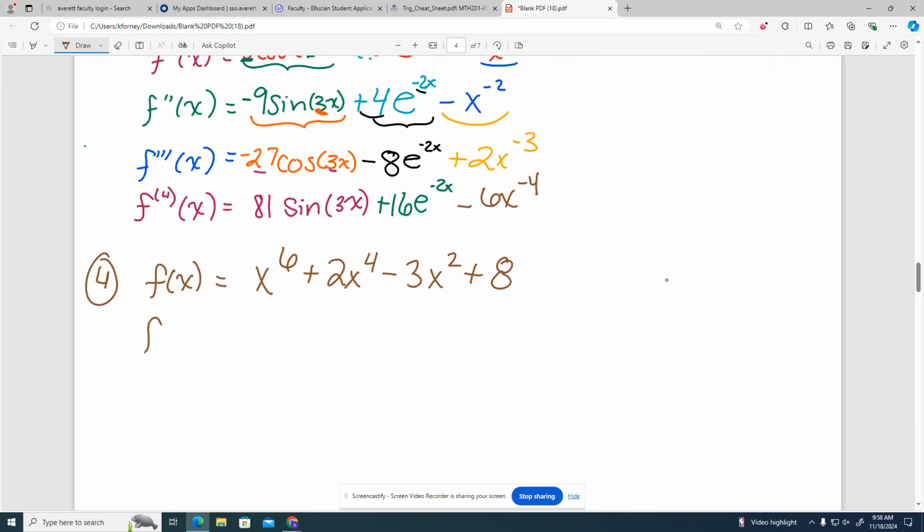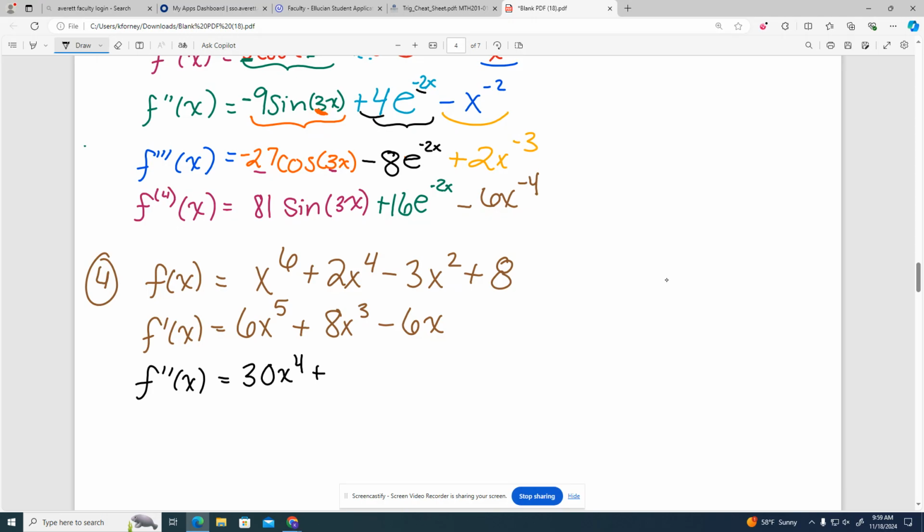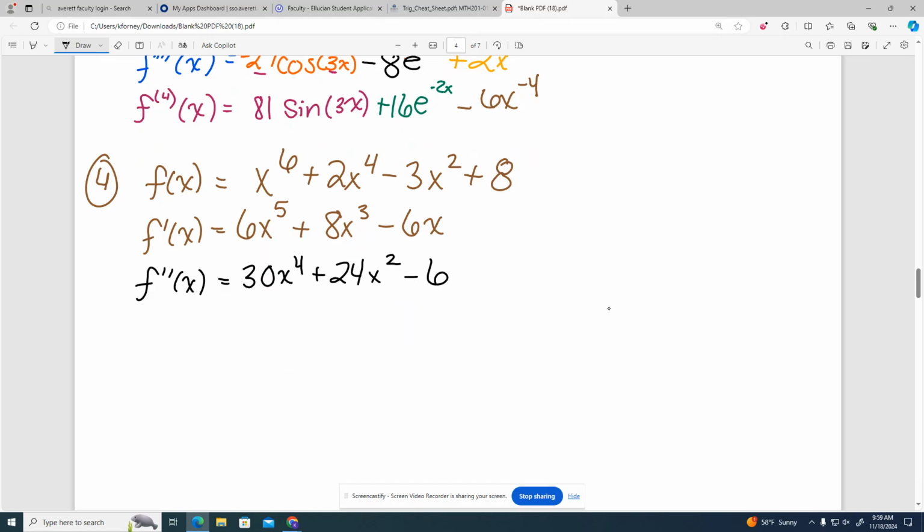So, the first derivative, that would become 6x to the 5th plus 8x cubed minus 6x plus 0. Now, the second derivative, that would become 30x to the 4th. 8 times 3 is 24 x squared minus 6.